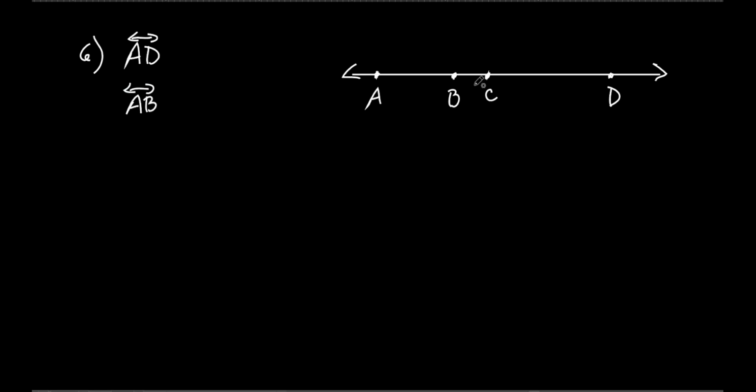You can use any combination of any of those letters. You could call it BA. It doesn't matter. You could call it CA. Don't call it DA because that's basically the same name as line AD. So don't use that one. All right, enough of that. Let's talk about ray.